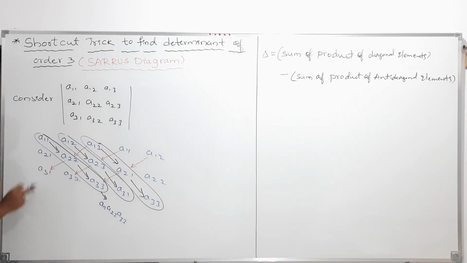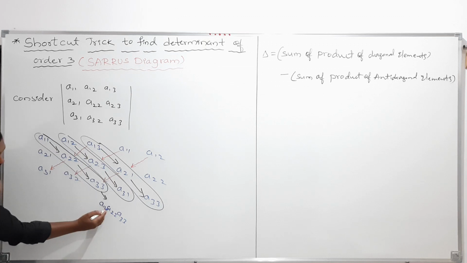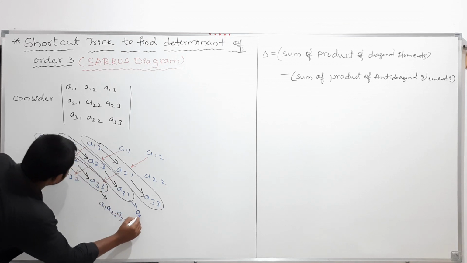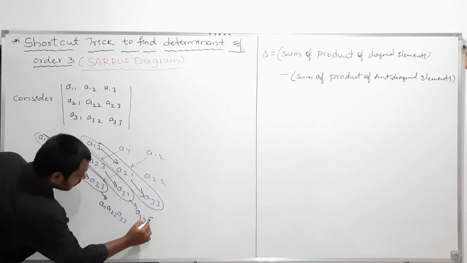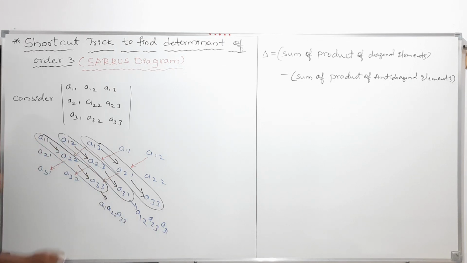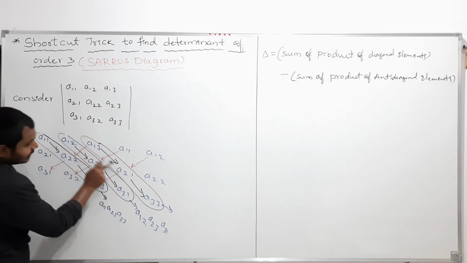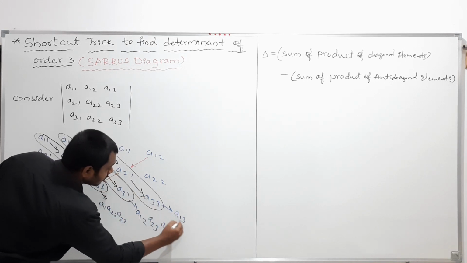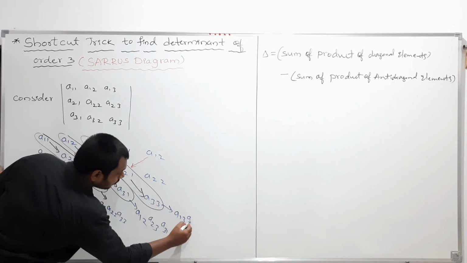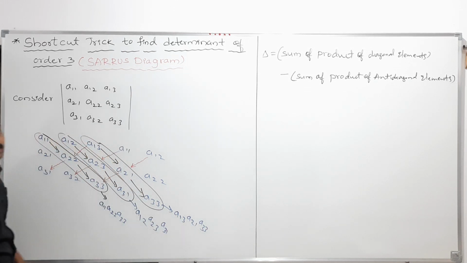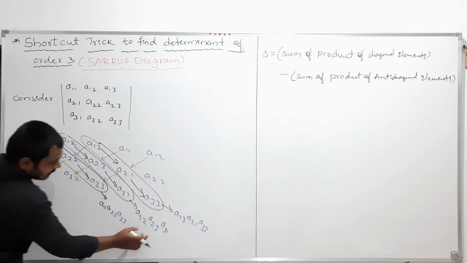Like this diagonal, if I multiply, this is the product I get. Next multiply a12 a23 a31. Likewise, the third diagonal: a13 into a21 into a33.